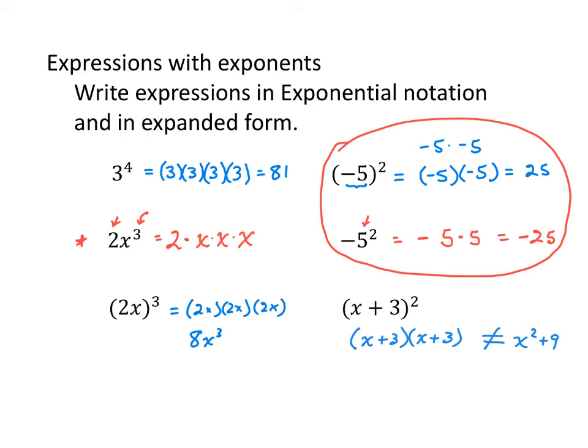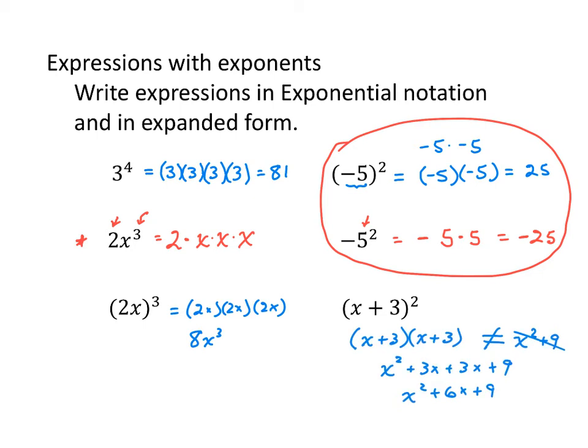Because you learned about multiplying a binomial times a binomial. And that would be, just for those of you who are practicing in your head there, x squared plus 3x plus another 3x plus 9, which is x squared plus 6x plus 9.